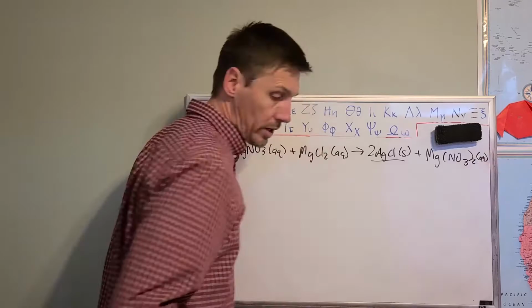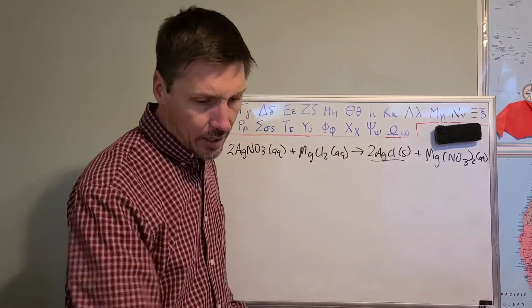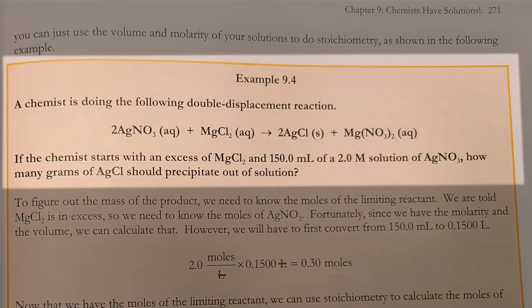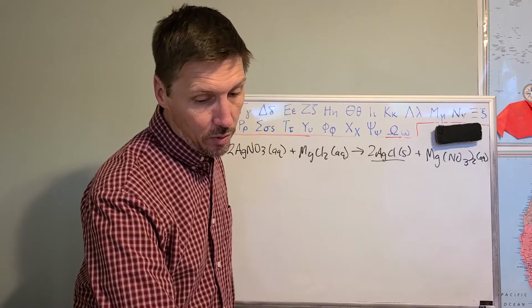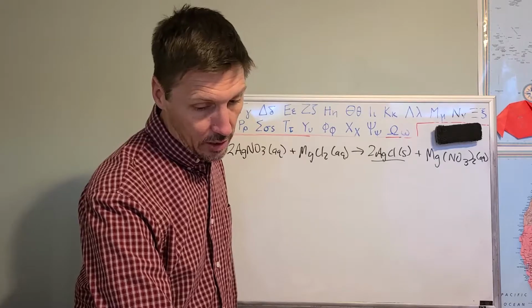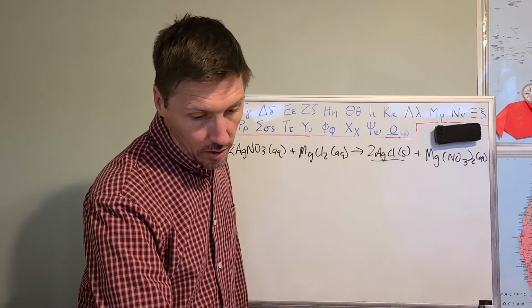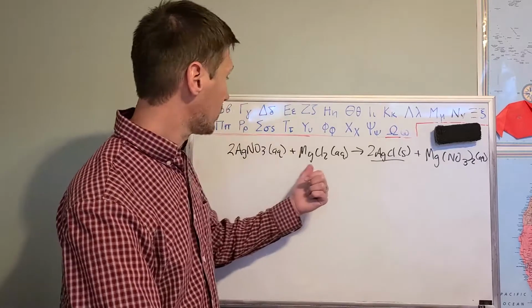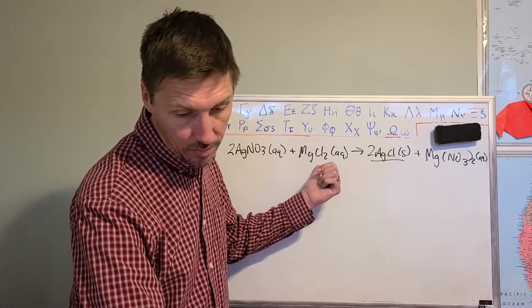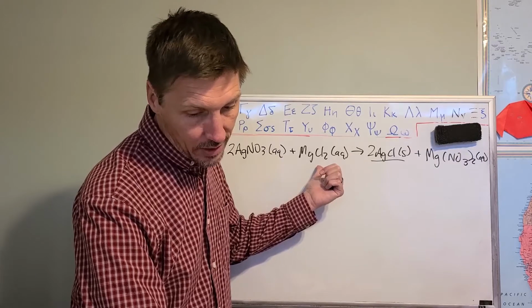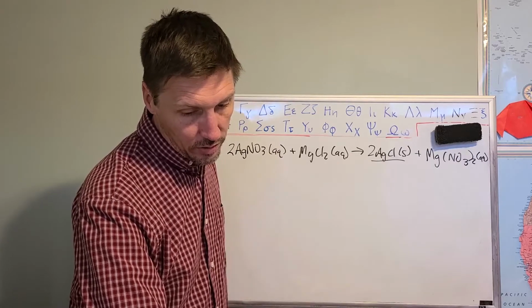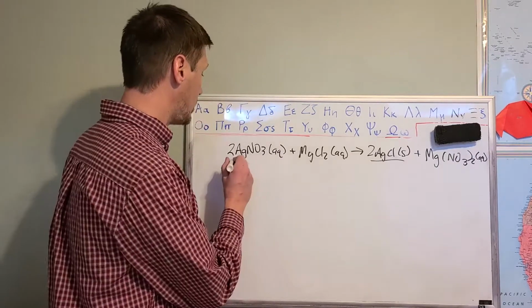All right, so we're given this equation here, and it says if the chemist starts with an excess of MgCl2 and 150 milliliters of a 2.0 molarity solution of AgNO3, how many grams of AgCl should precipitate out of the solution? We have excess MgCl2, so that one we're not really concerned about. 150 milliliters of a 2.0 molarity solution of AgNO3.